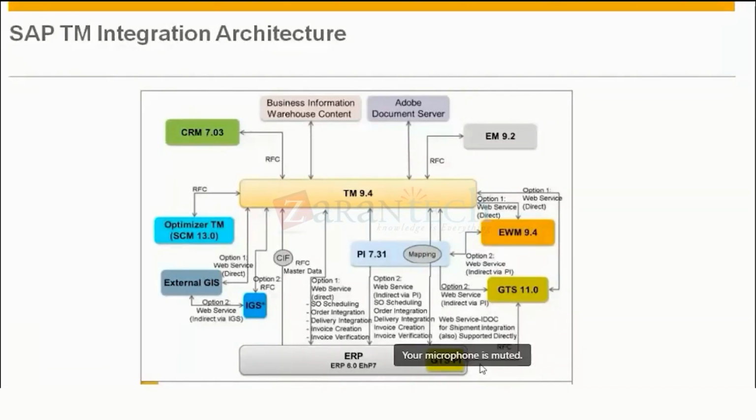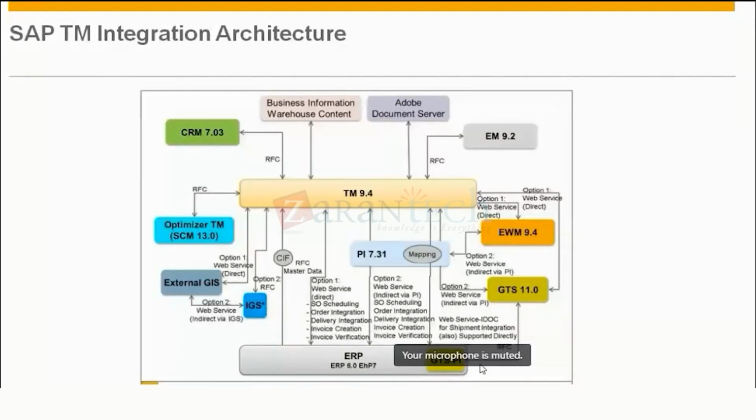So GTS needs to receive the confirmation from my customs authority that this shipment can be moved from one source to another. And once that information is sent back by GTS to TM, only then the execution block gets removed. What does that mean? This means that unless I receive a confirmation from the customs authority, the execution block will remain and you cannot do any type of execution using TM.